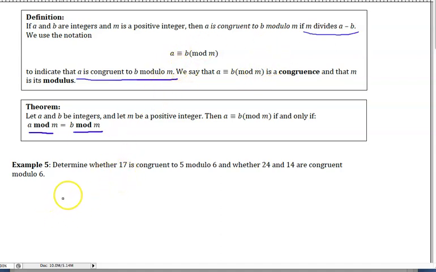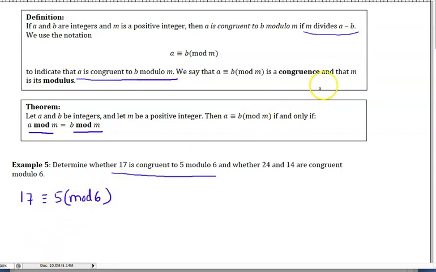All right, so let's look at this example here to demonstrate. Determine whether 17 is congruent to 5 modulo 6. So let's look at this problem first. Is 17 congruent to 5 modulo 6?